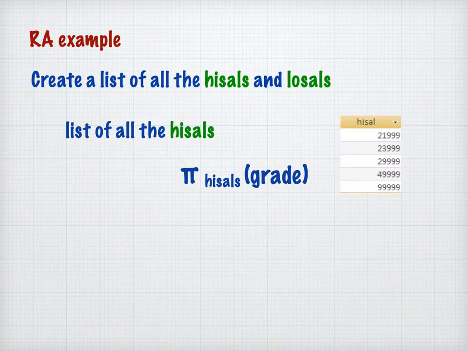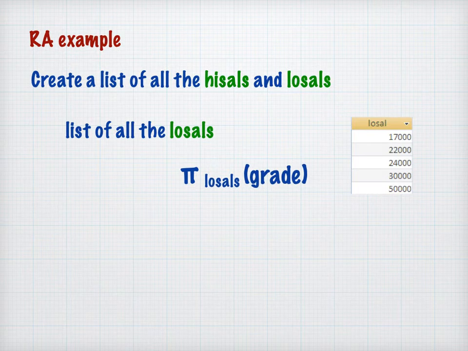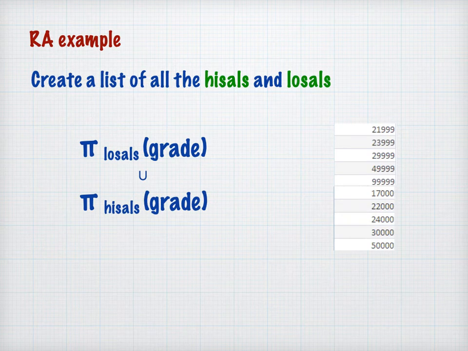Similarly, we could pull out the low sales, using a projection to pull one column out. And let's imagine that we wanted to see all the high salaries and the low salaries in a single column. Well, we could do that by using a union, just like that.